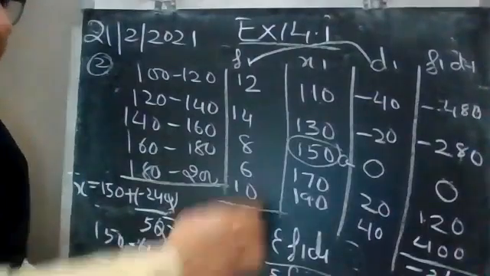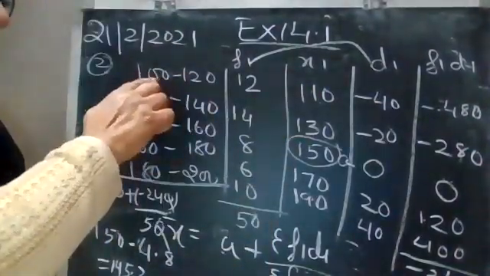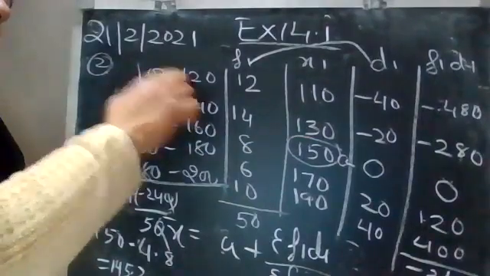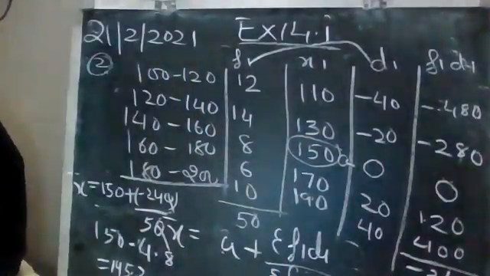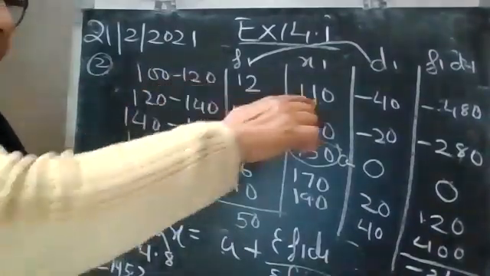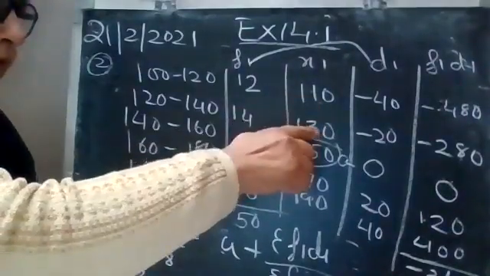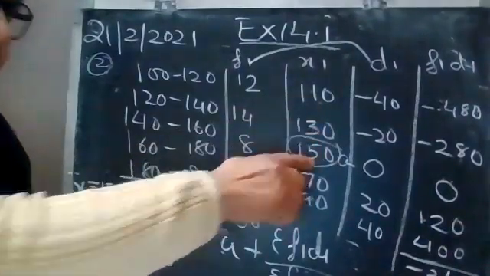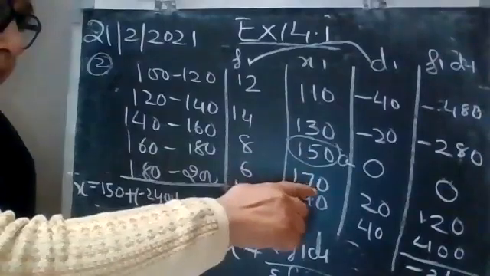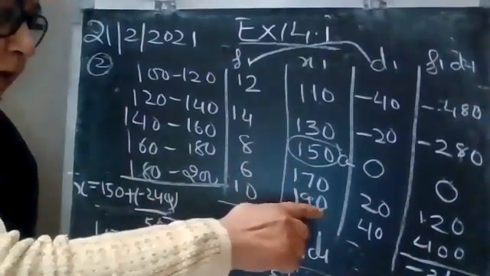Here I have written. First we will take out xi. xi means the sum of upper limit plus lower limit divided by 2. So 100 and 120, when added and divided by 2, will be 110. And the next one will be 130, the next 150, then 170, and the last one will be 190.